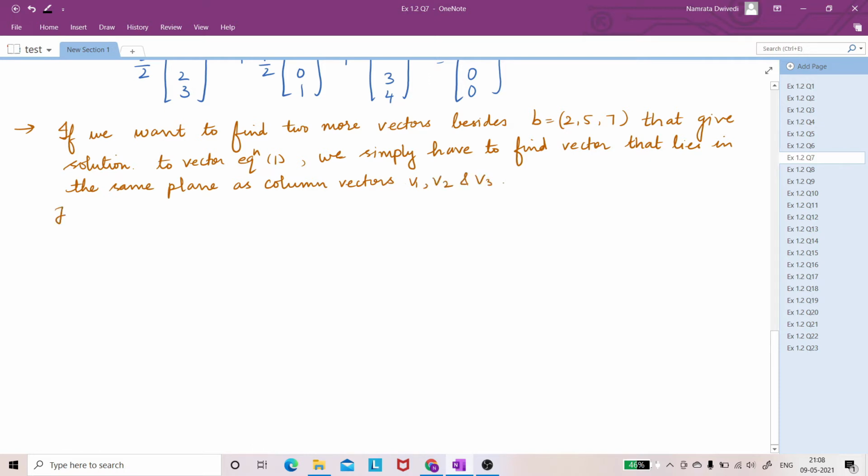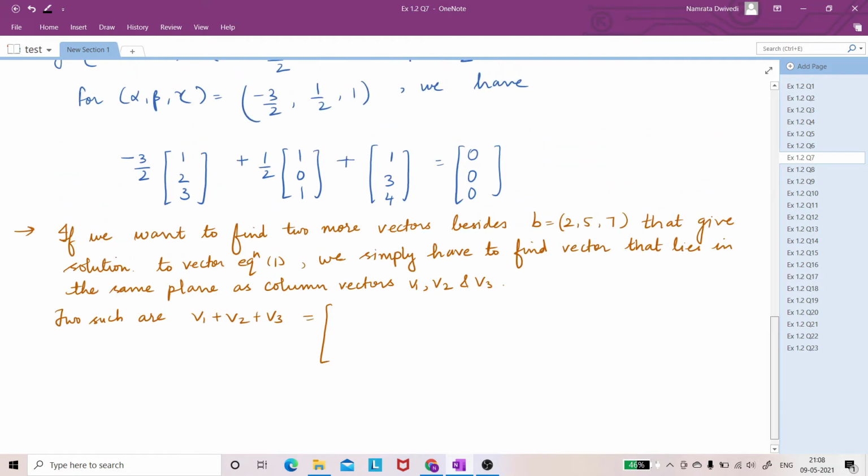So two such vectors are v1 plus v2 plus v3. We can add this up directly. This is v1, this is v2, this is v3. So add up all of these. So it is 3, then 5, then 8.